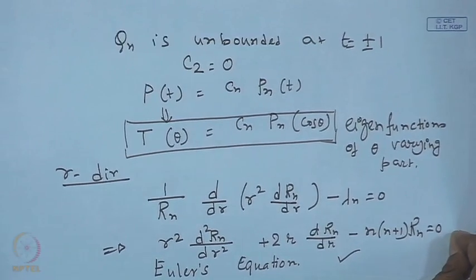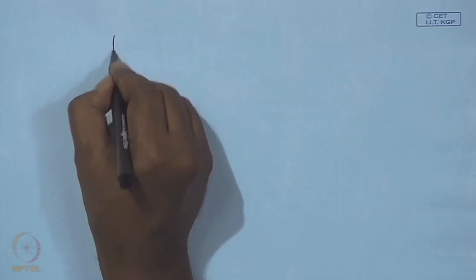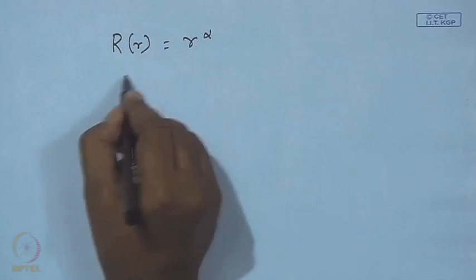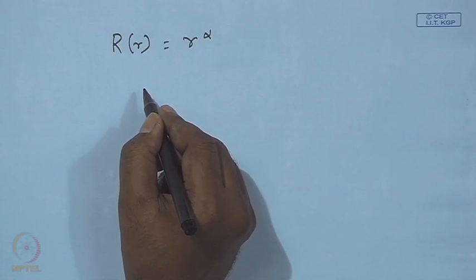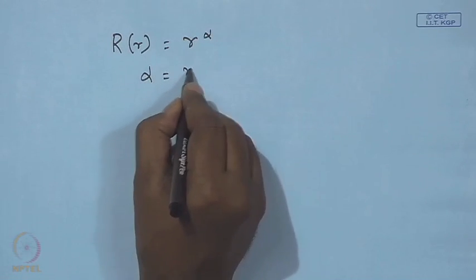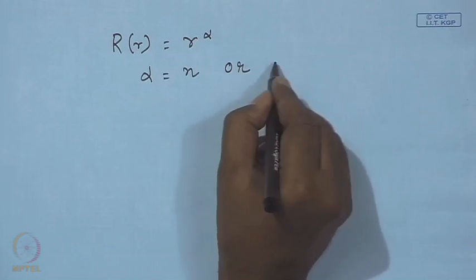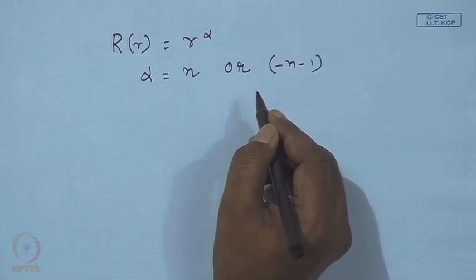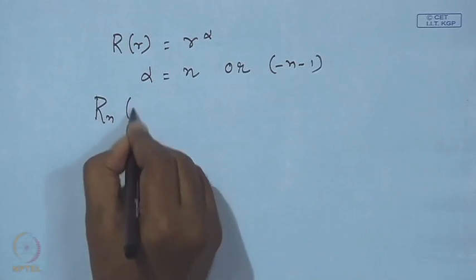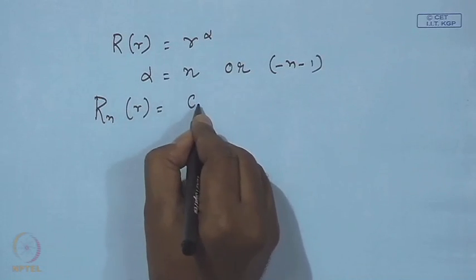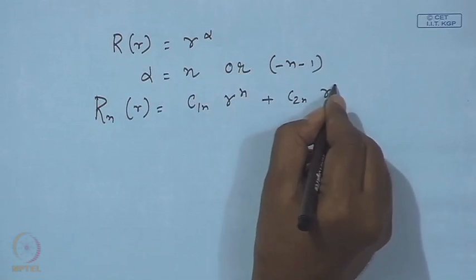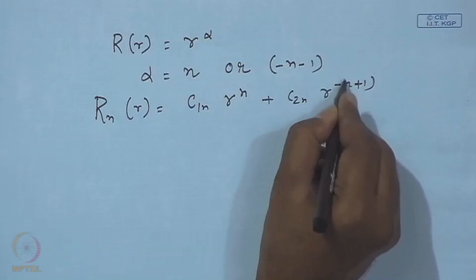The solution of this equation will be in the form of r to the power alpha. We will get a quadratic, as we have seen earlier. This alpha becomes either n or minus n minus 1. These are the two roots of the quadratic. So, the solution becomes R n of r is C 1 n r to the power n plus C 2 n r to the power minus n plus 1.